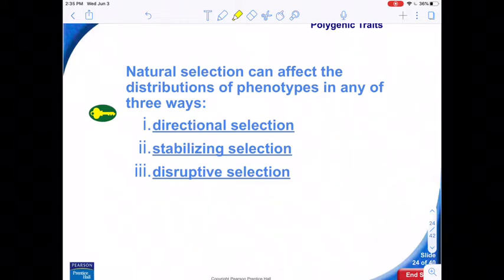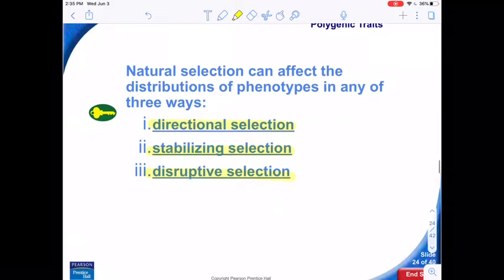And natural selection affects the phenotypes in 3 different ways. And we're going to look at each one in an example, but the 3 ways are directional selection, stabilizing selection, and disruptive selection. So let's start with the first one, directional selection.